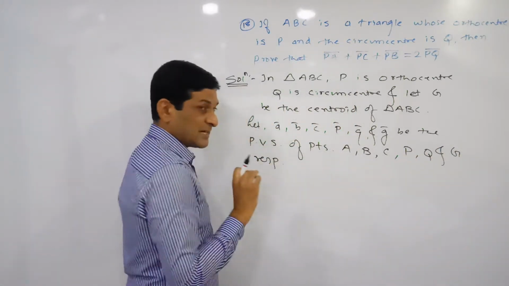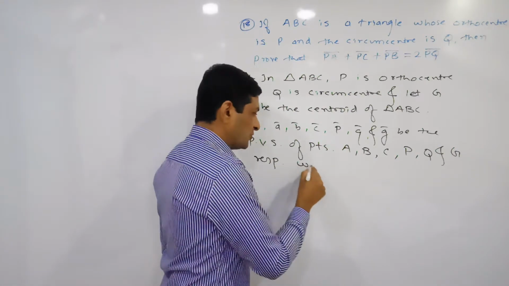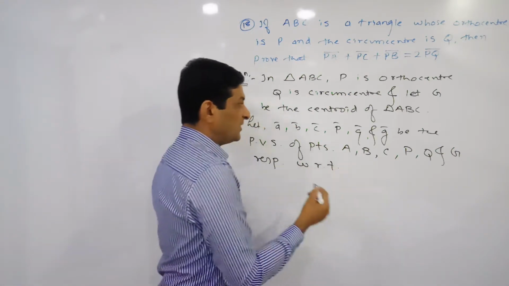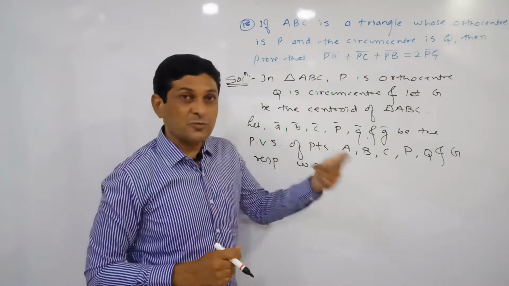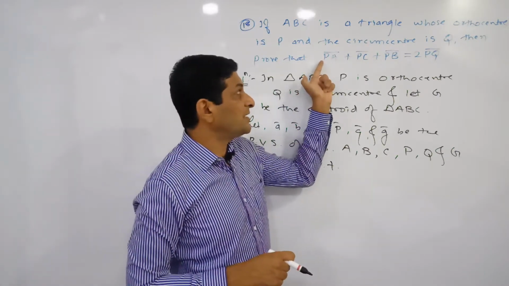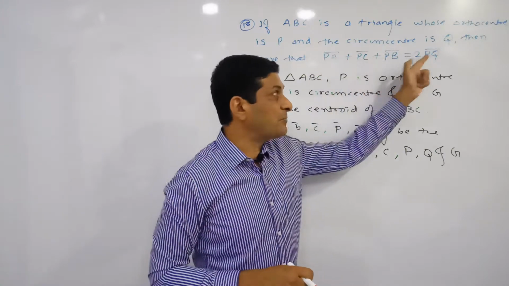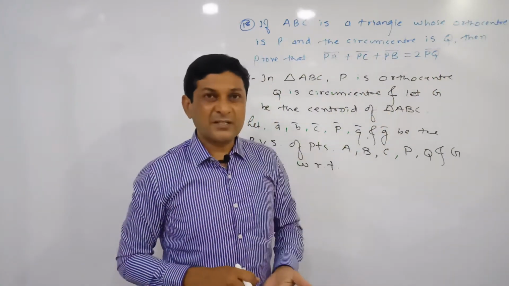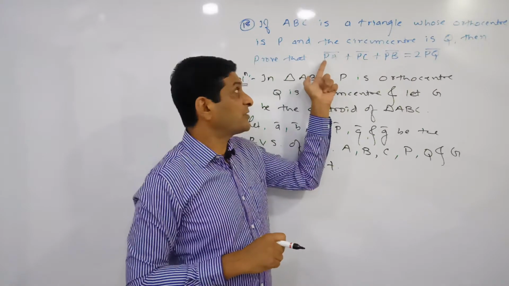Now try to understand respectively with respect to which point we have to define these position vectors. If you observe the required result, PA bar, PC bar, PB bar, PQ bar, all these vectors are defined with respect to which point?